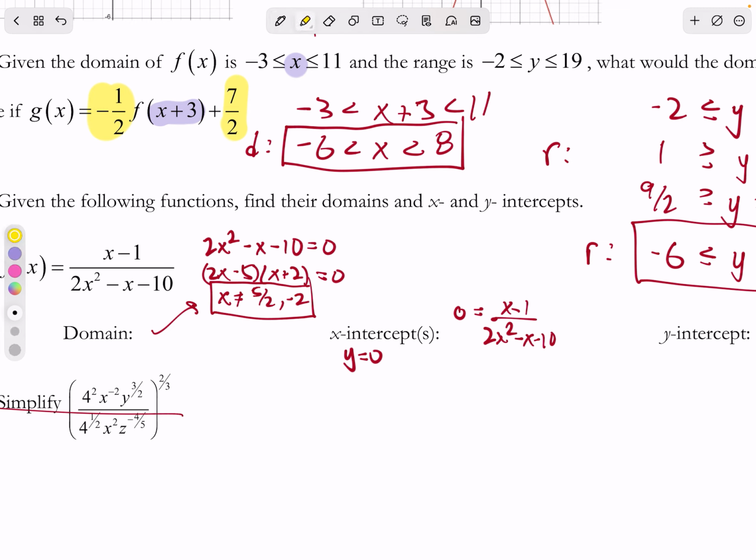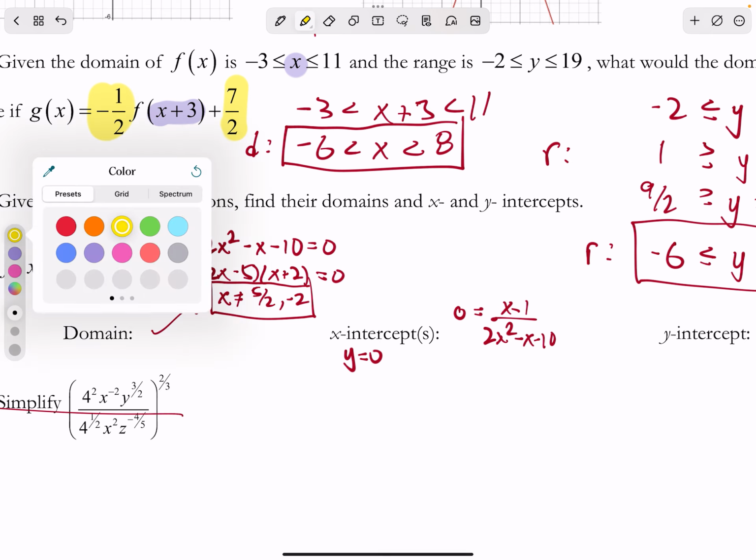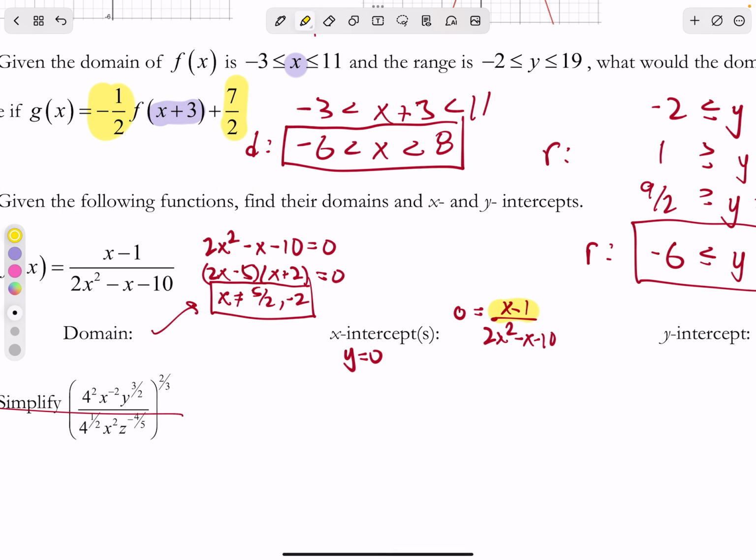Well, a fraction equals 0 whenever its numerator equals 0. So all I have to do is set x minus 1 equal to 0. And when x equals 1, or rather, shall I say 1 comma 0, then when x is 1, the function equals 0. That's my x-intercept.